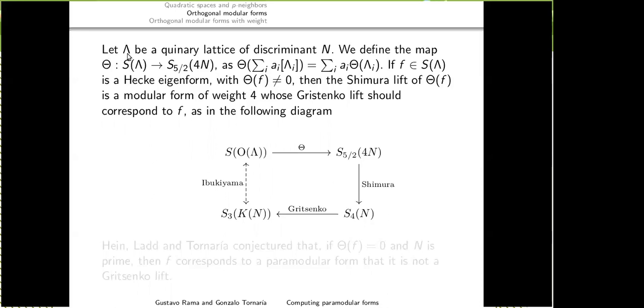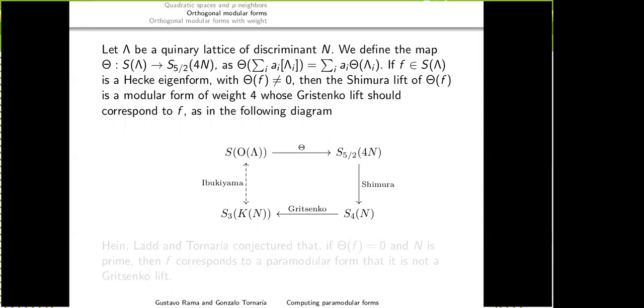We let lambda be a quinary lattice of discriminant n, and we define the map theta to be a map from the cuspidal orthogonal modular forms to the space of modular forms of weight 5/2 and level 4n, by taking the theta series of the linear combination of classes of lattices.